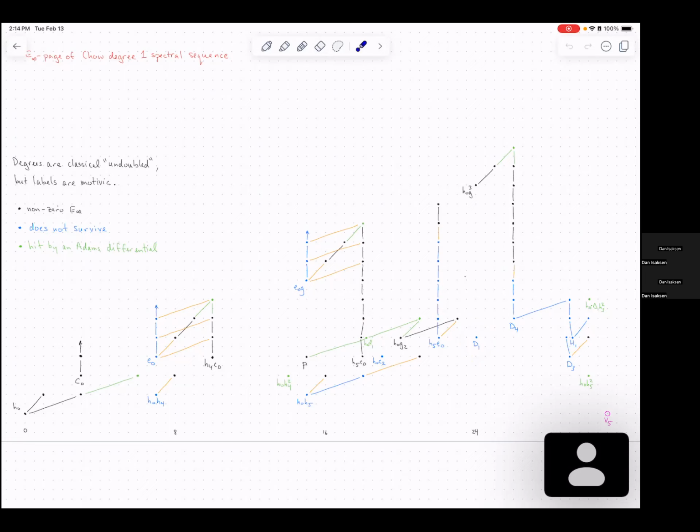Another element that's coming in here is this capital D3. That capital D3 is the reason that the book Stable Stems ends at the 59 stem. Using the methods of that book, you can't figure out what happens to capital D3. Does it support a differential or does it not? You don't know.